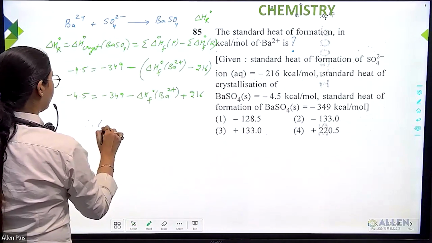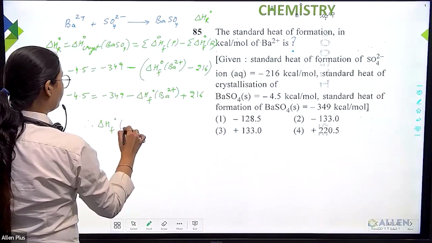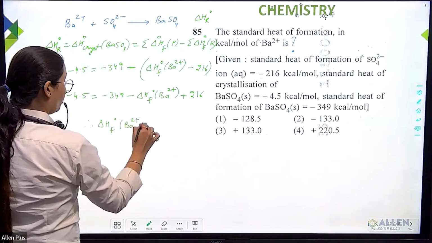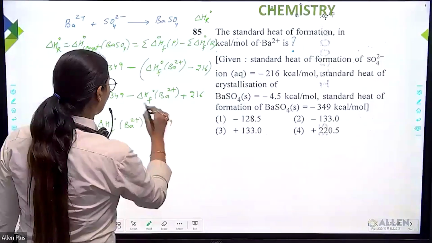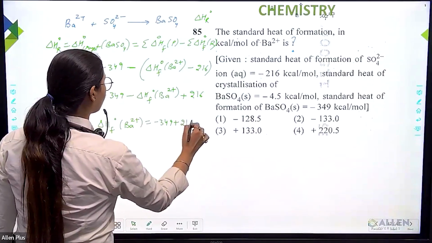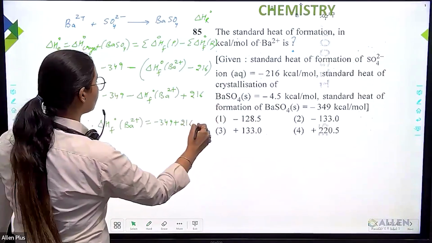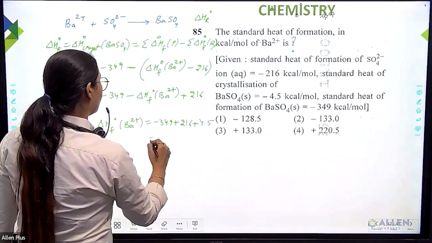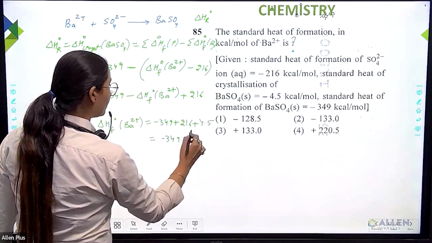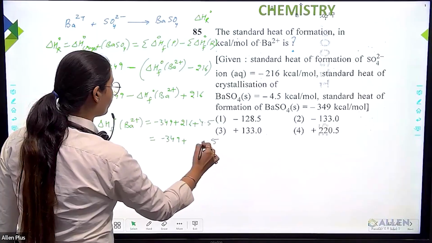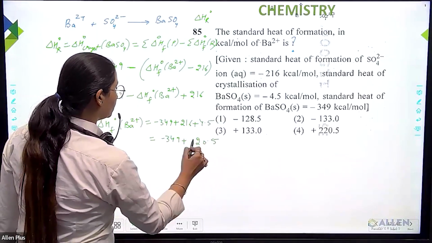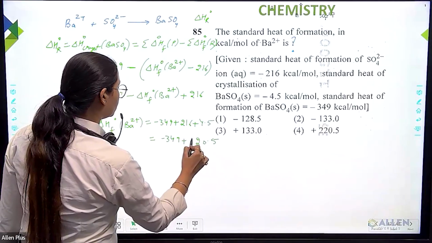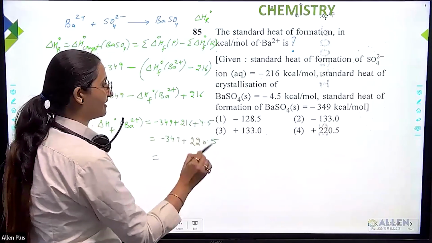So therefore delta Hf naught of Ba plus 2, which is asked in the question, is going to be minus 349 plus 216. This I'm bringing to the right side, plus 4.5. So it's minus 349 plus 216 plus 4.5. The final answer has to be negative.